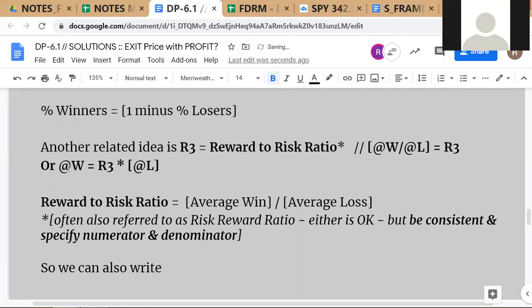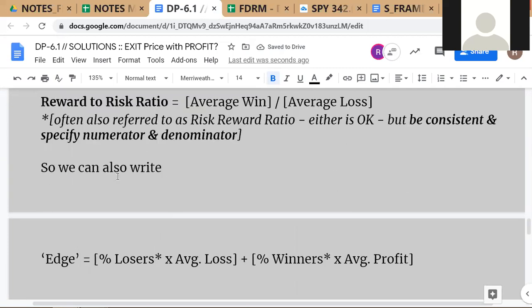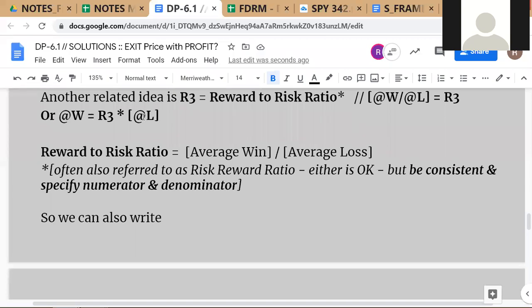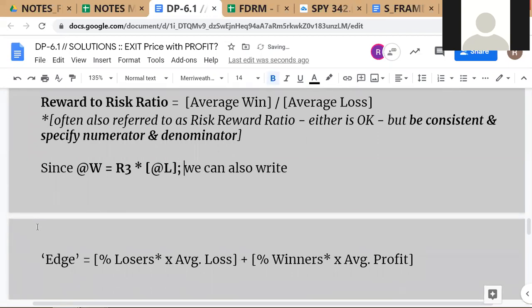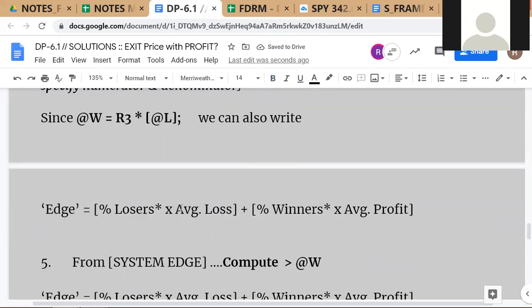We're going to use this relationship, and since this is average loss, you write this as average loss, and we'll put R3 into average loss in a second bracket.